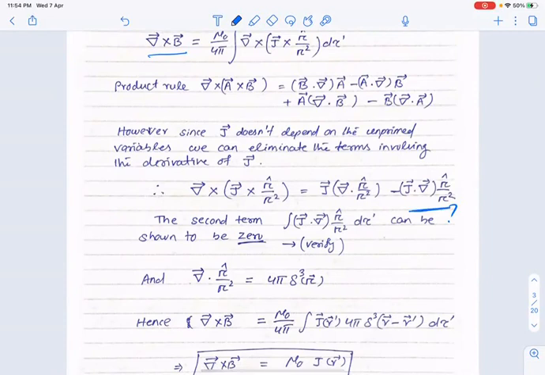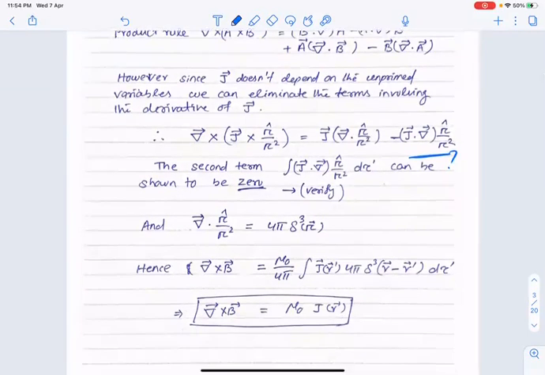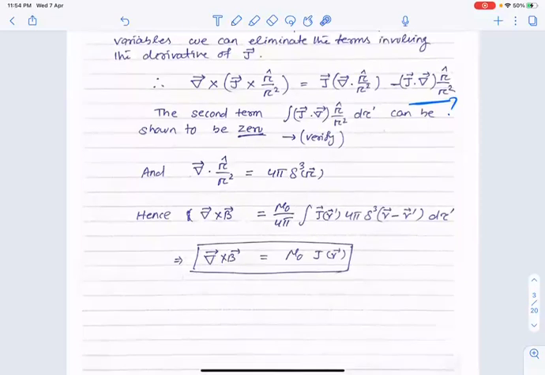And this other one you have already done as an exercise when you were doing the vector algebra, and that turns out to be 4 pi delta cubed of script r. So then eventually del cross B, the curl of B, is nothing but mu 0 by 4 pi, J of r prime, 4 pi delta cubed of r minus r prime, because your script r is nothing but r minus r prime.